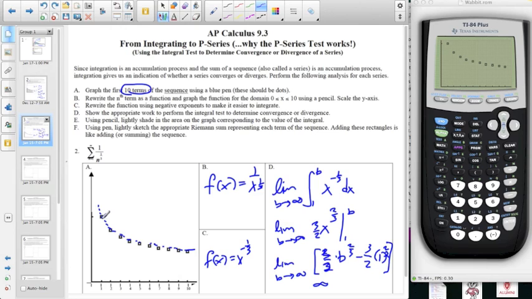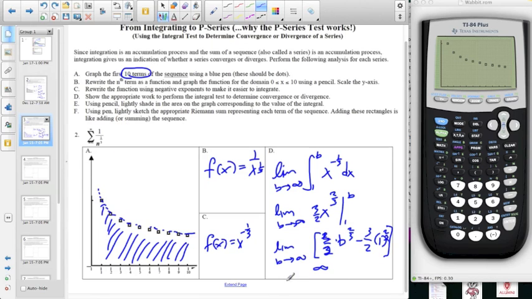And so this area under the curve is still infinite even as we're changing this power. So we still have infinitely large area, and so we have a series that also diverges.